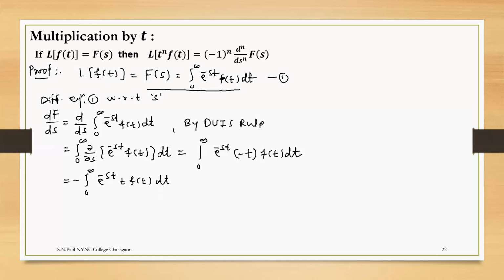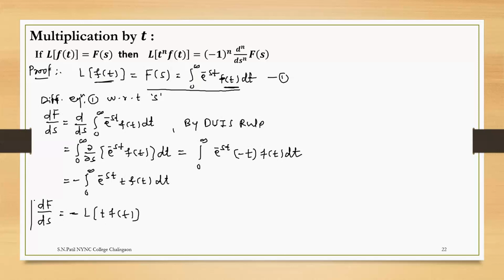Now see, from equation 1, if f of t is here, then we write f of t here; if t into f of t, then definitely t into f of t. Now it can be written that the derivative of capital F with respect to s is equal to minus the Laplace of t into f of t.